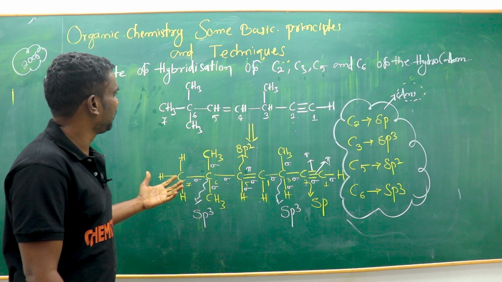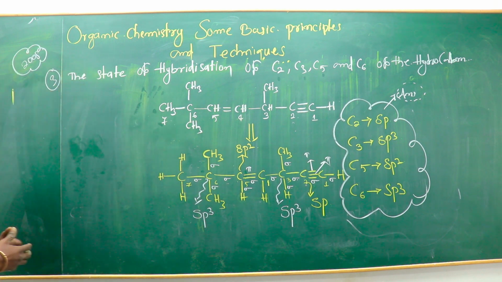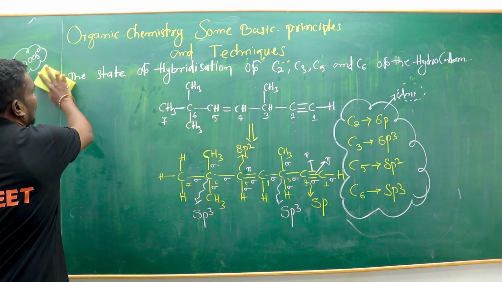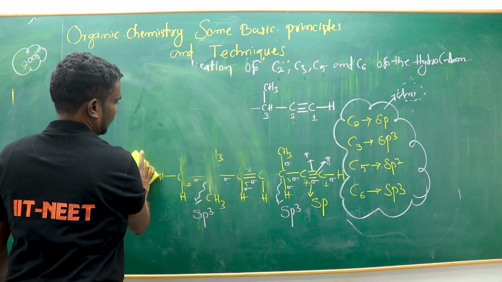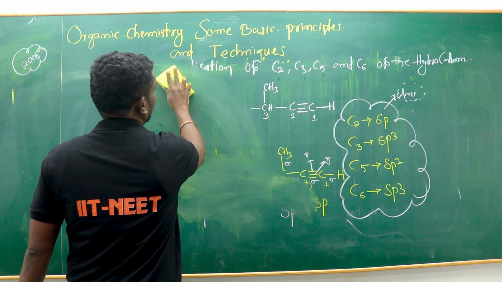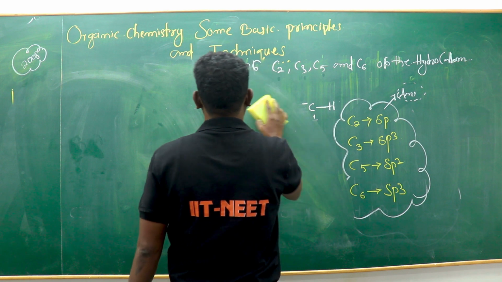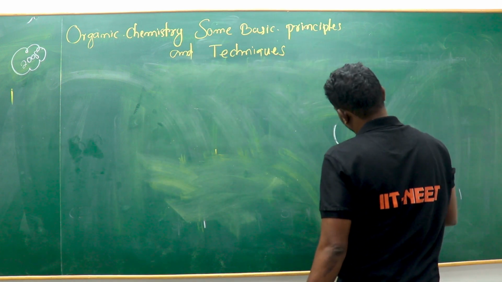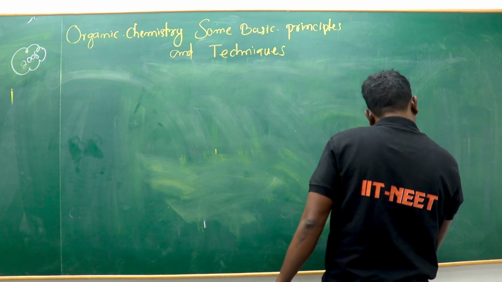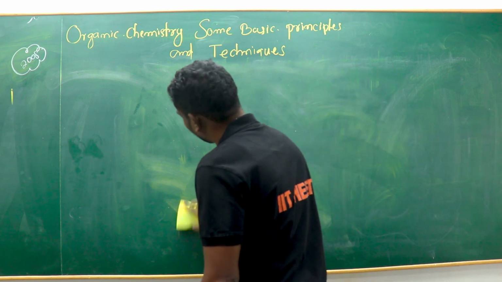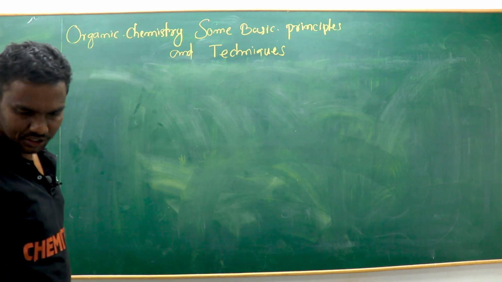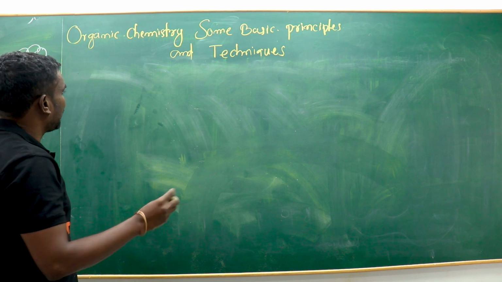So I hope everyone is clear. Please take down. Let's take a screenshot beta. The third question, 3 questions are finished, right? So what I want to say is that identifying sigma bonds and pi bonds is very crucial to find out hybridization beta. So last point I will write once again.